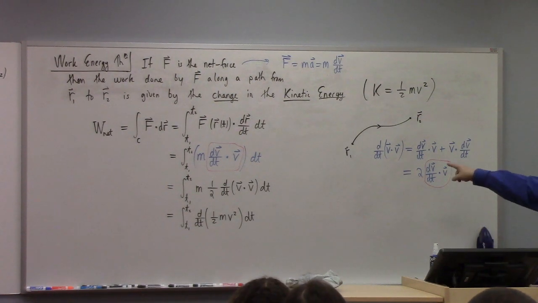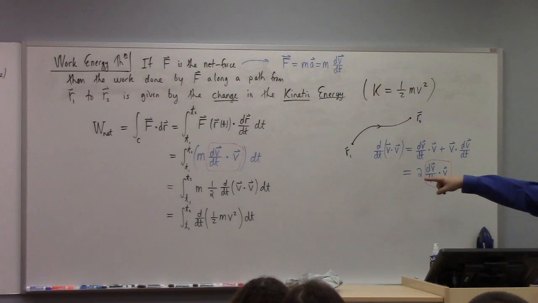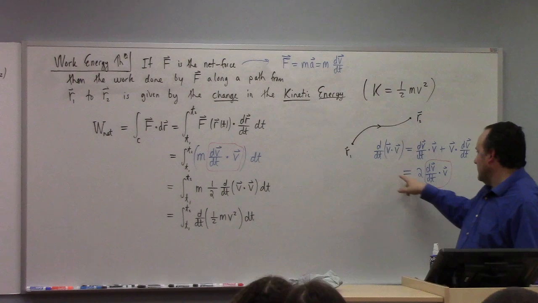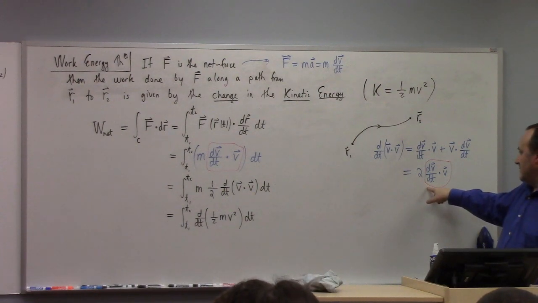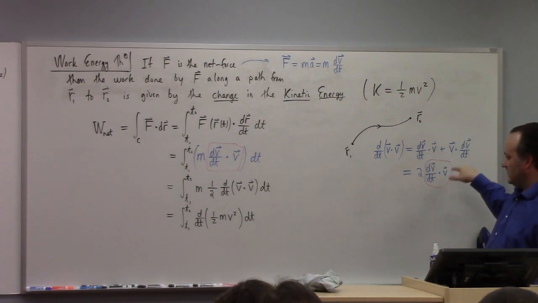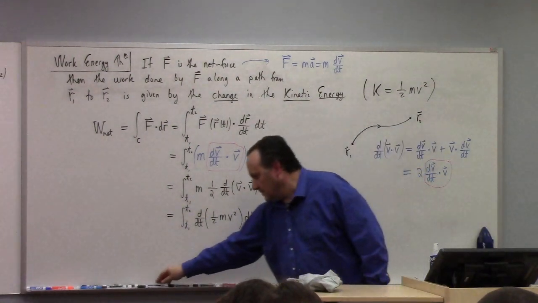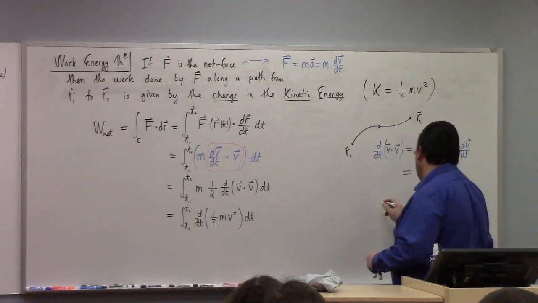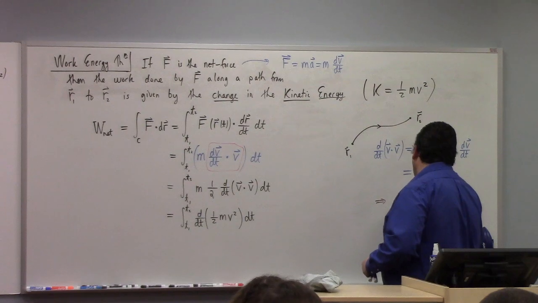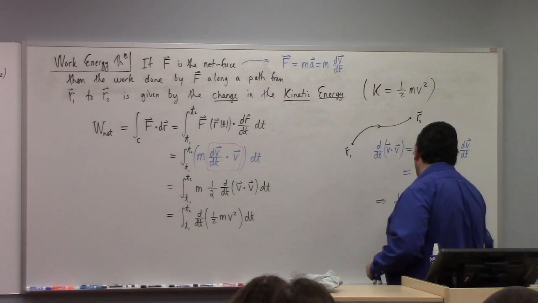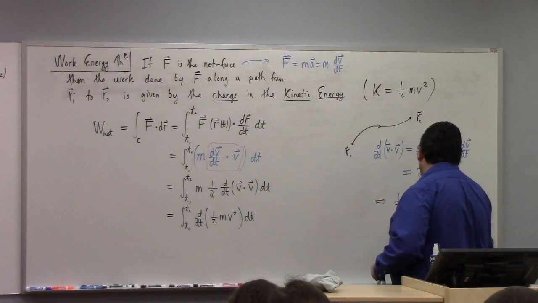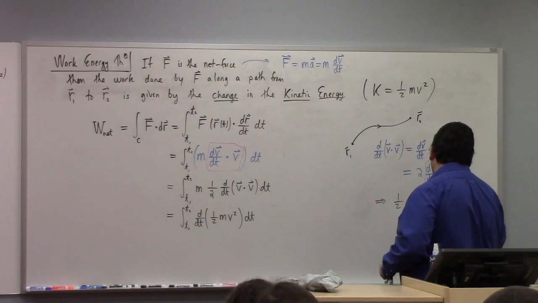Over here, we looked at the derivative of v dot v, and we found that that was equal to twice dv dt dot v. So if I divide by 2 to the other side, it's an identity. What's in red, this equation over here, shows you that 1/2 d/dt of v dot v is equal to dv dt dot v.